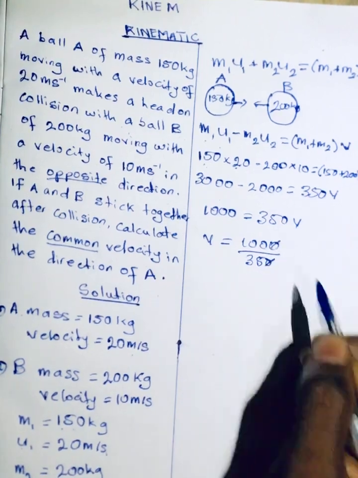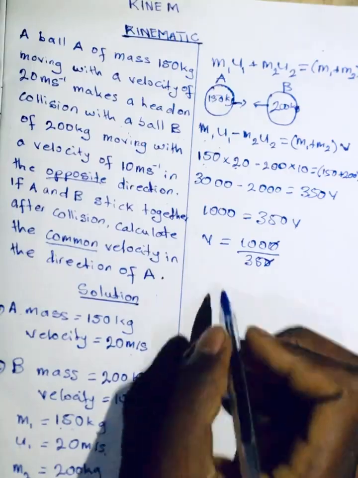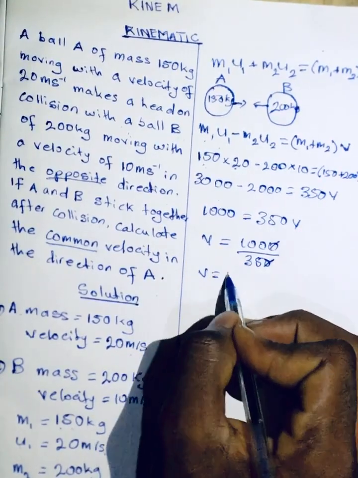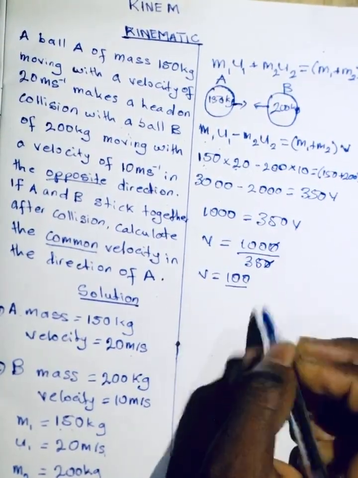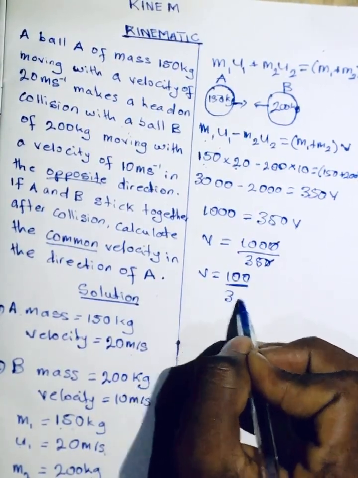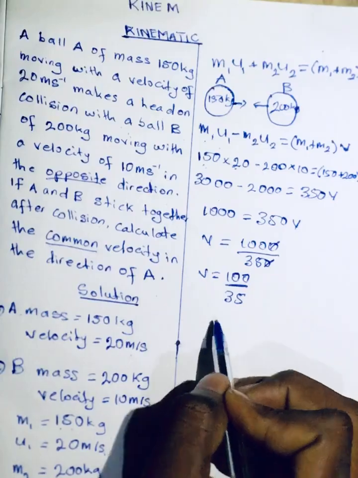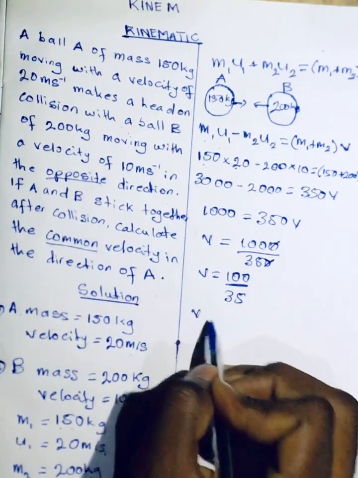Let the zero cancel, so V will be equal to 100 over 35. In this case, we can use a calculator, but let's break it down further.